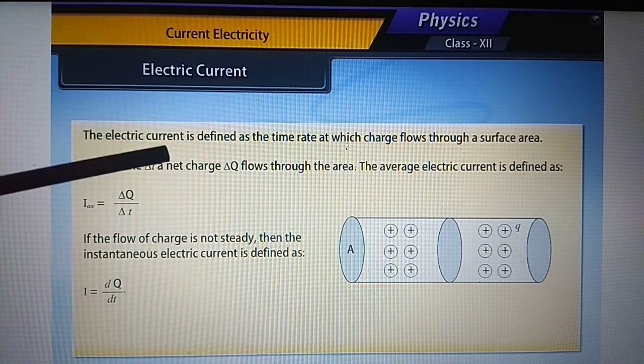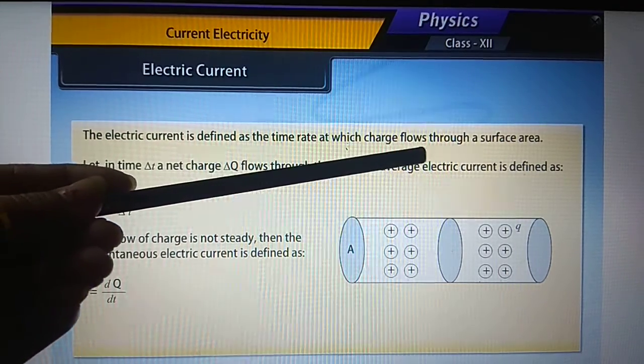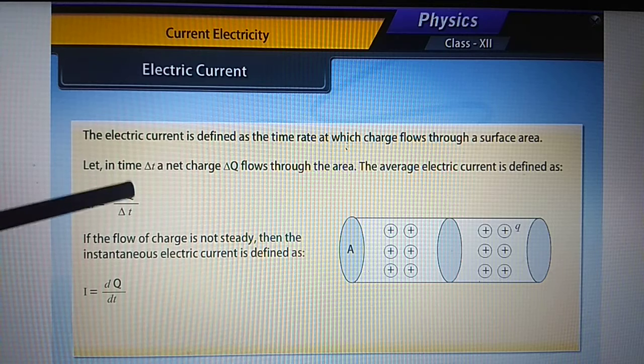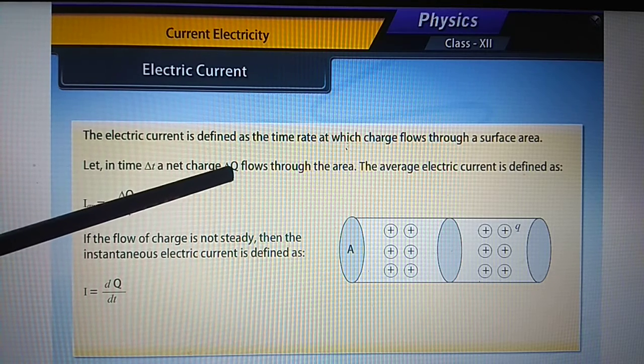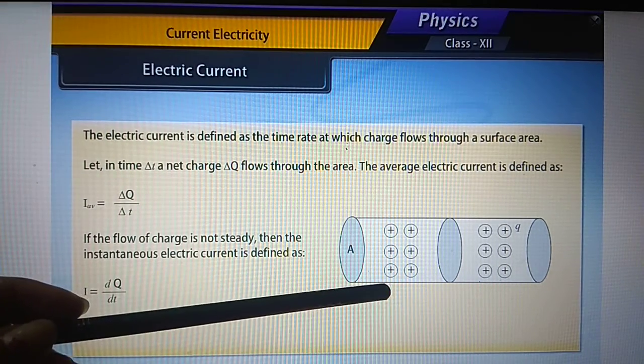Now the electric current is defined as the time rate of change at which the charge flows through a surface area. It means in a small time dt, if the dq charge flows through the area A, this is an example of a conductor.